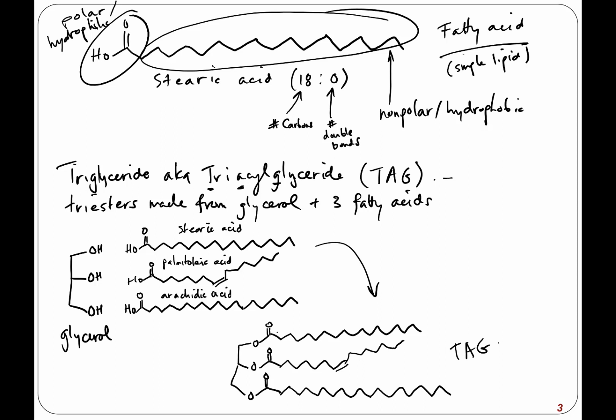Okay, now one thing too I'll mention here is that these TAGs, I don't know where to write it here, I'll just put TAGs often contain one or more unsaturated fatty acids, with a cis double bond.